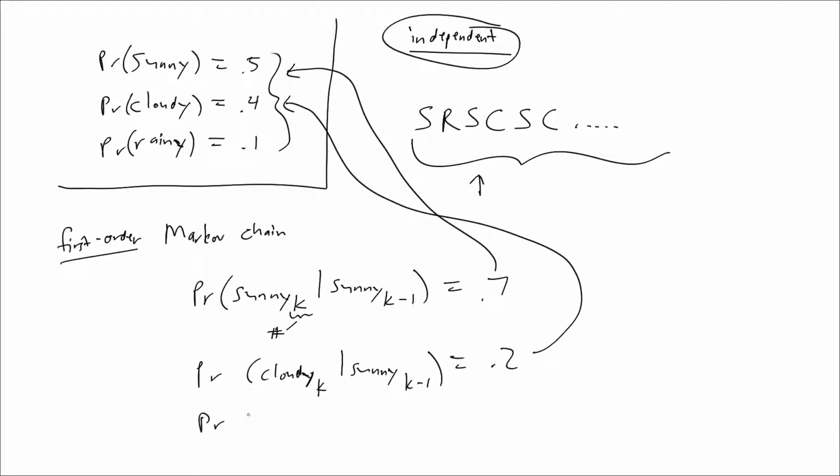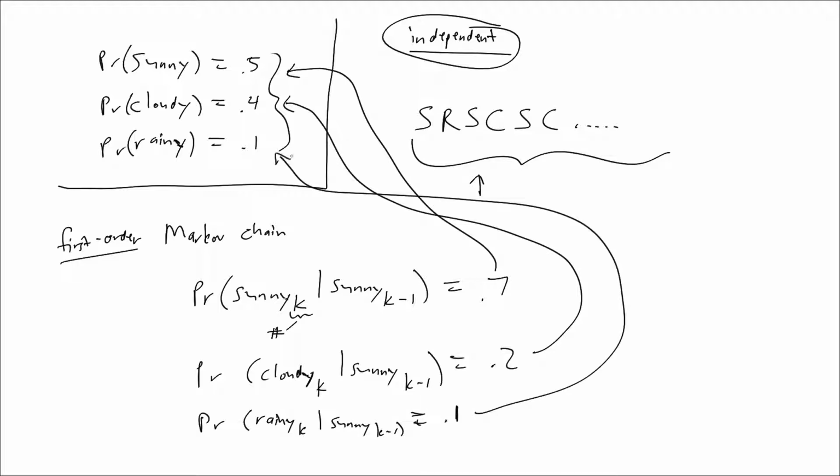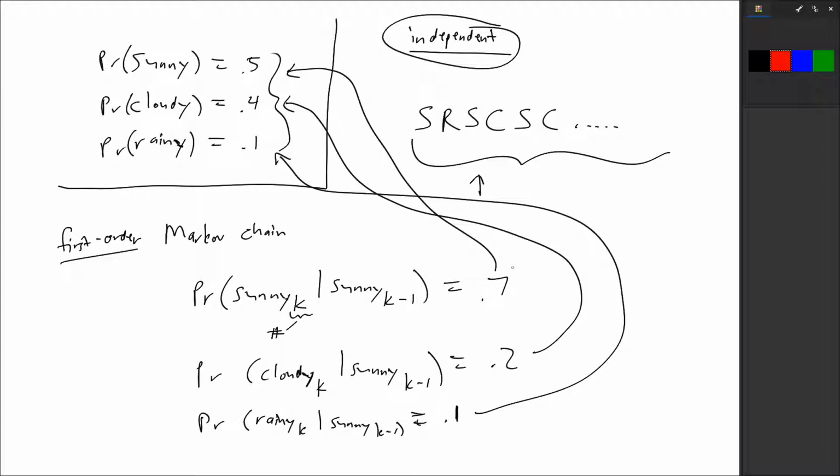And then I'm going to say, what's the probability that it's rainy on day K, given that it's sunny on day K minus 1? And the answer here is going to be 0.1, which happens to be the same as I have here, okay? So the conditional probability can go up, can go down, it can be the same, right? We know that that's true. Also, realize that these 3 numbers must add up to 1, okay?